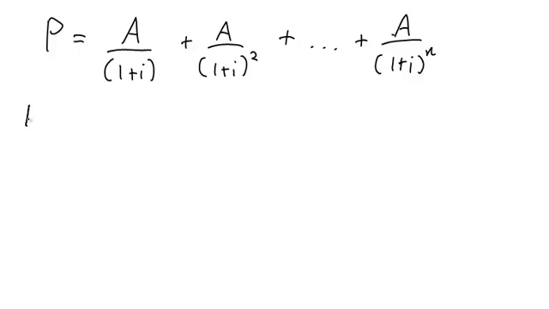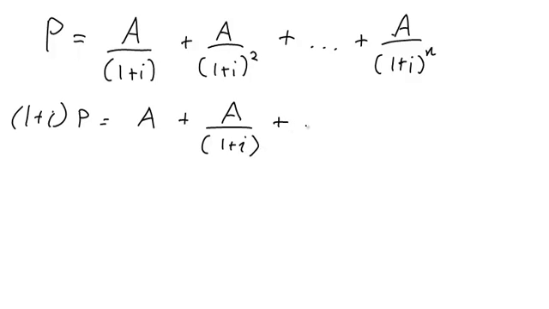So 1 plus I times P is A over 1 plus I times 1 plus I, which is just A, over 1 plus I squared times 1 plus I, which will be just A over 1 plus I. A over 1 plus I cubed times 1 plus I will be A over 1 plus I squared, and so on, all the way up to this. The power will be 1 lower because 1 plus I times by cancels out with one of the ones on the bottom.